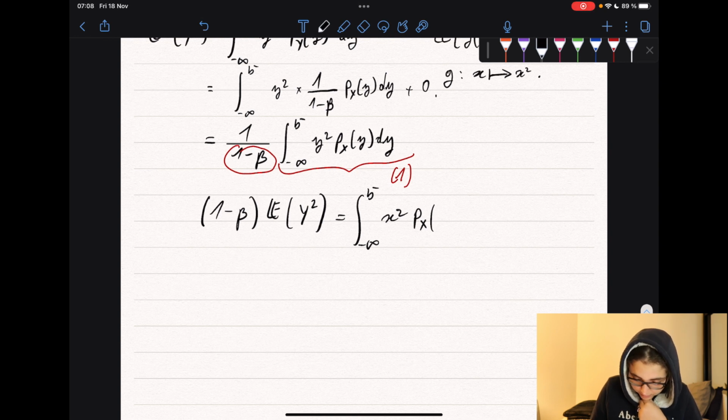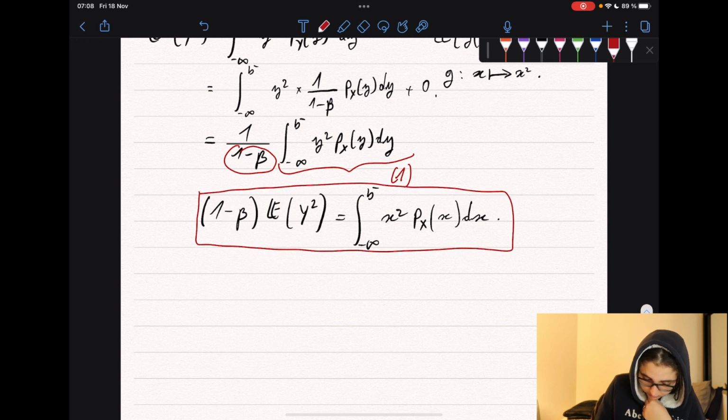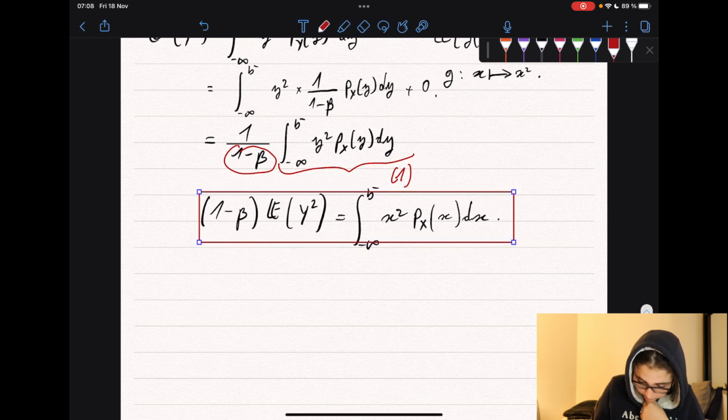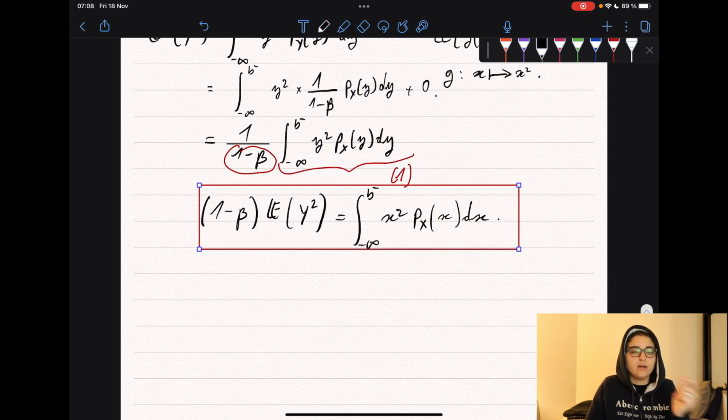It doesn't really matter. So dx. Therefore, we have come to the conclusion of what we wanted to prove. We have just proven what we wanted to prove. And now we can move on to the next question.